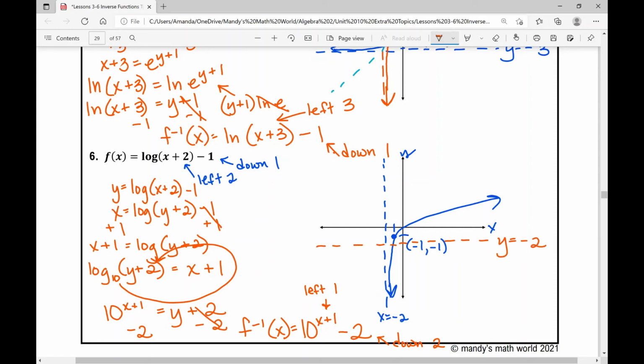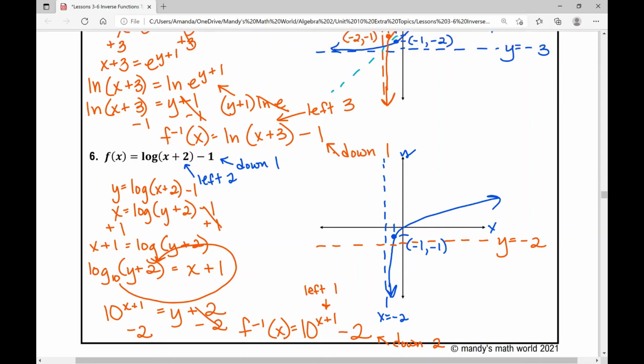And that key point is always on the y-axis, 1 unit above the horizontal asymptote. But because we've moved left 1, it's now going to be 1 unit above that horizontal asymptote, moved left 1.